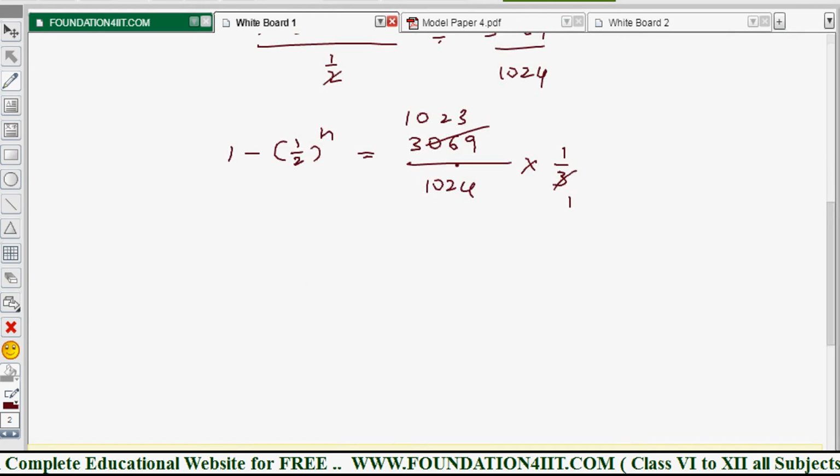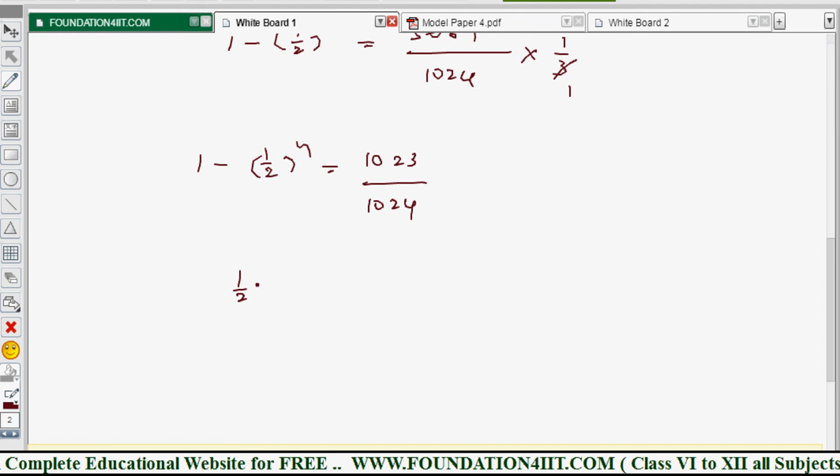So it is 1023 by 1024. With this we can write 1 minus (1 by 2) to the power n, take the other value to this side, then it's simple. The remaining is 1023 by 1024.